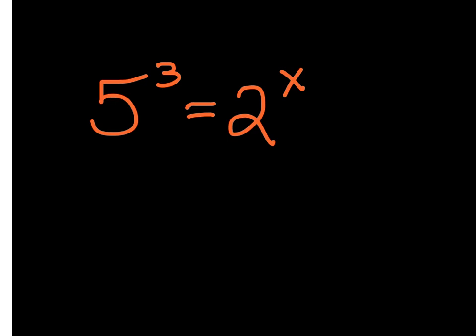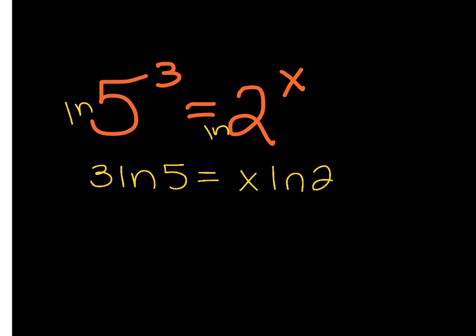Okay, here I've got two bases that are not the same, and there's no way to rewrite 5 as 2 to a power. So what do we do? You're going to ln both sides of your equation. Or log both sides, because they both work, right? You can do both. So if I bump the 3 to the front, I'd get 3 ln of 5 equals x ln of 2.